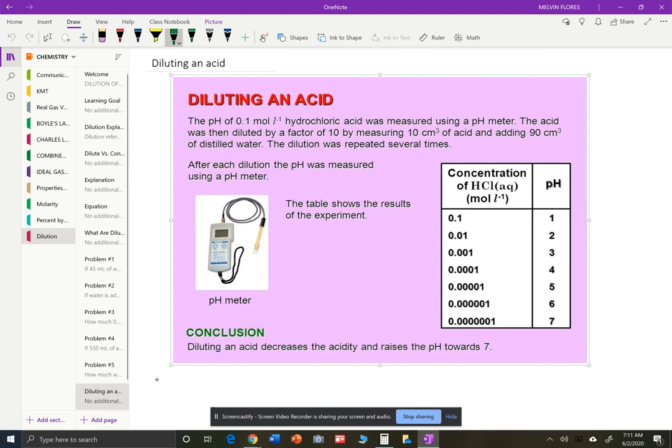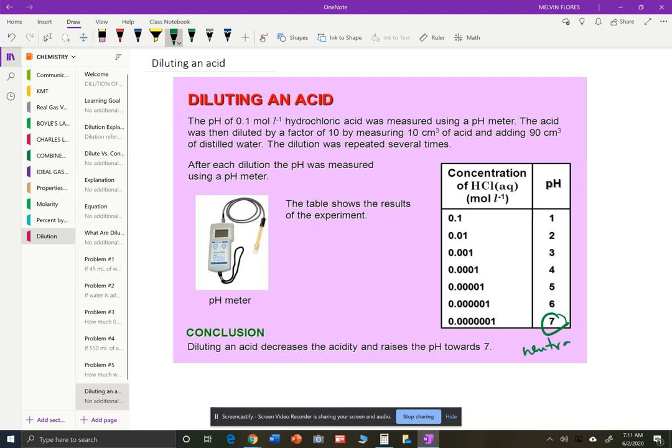Okay, so diluting an acid decreases the acidity and raises the pH towards 7. So as you can see here, as we add more water to the HCl solution, the pH rises, meaning the acidity decreases and it reaches towards 7 right here. It's becoming more neutral.